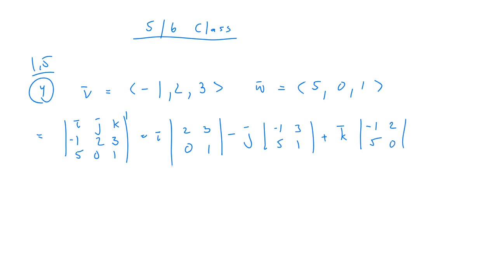And I get that. And then remember for this, we're doing forward diagonal minus the backward diagonal. So the 2 minus the 2 times 1 minus the 3 times 0. And the negative 1 minus 5 times 3.